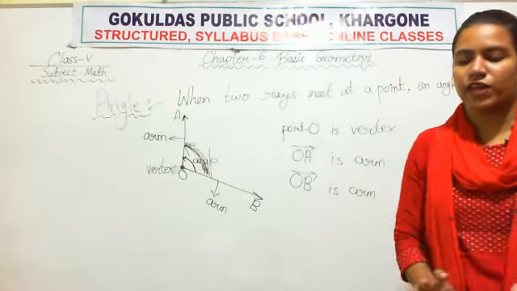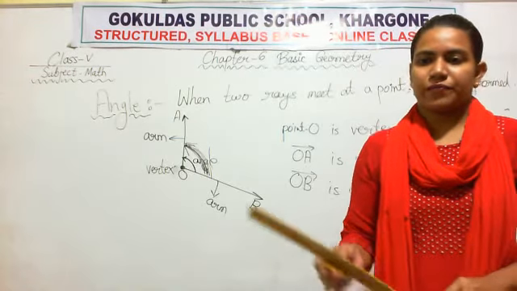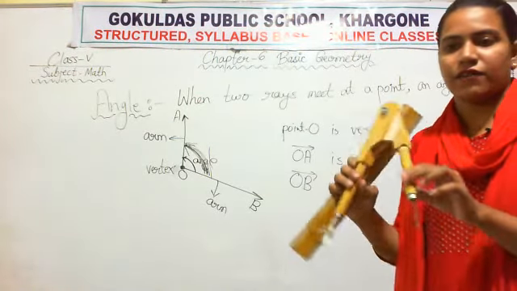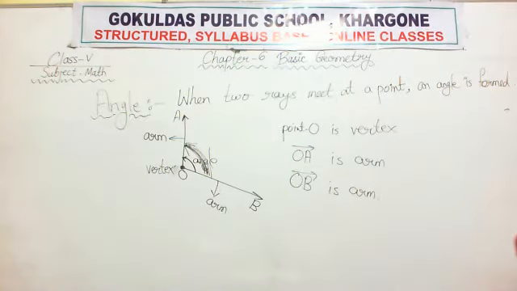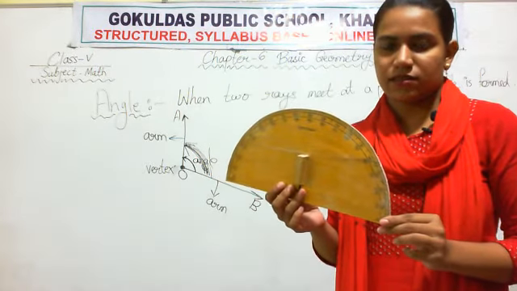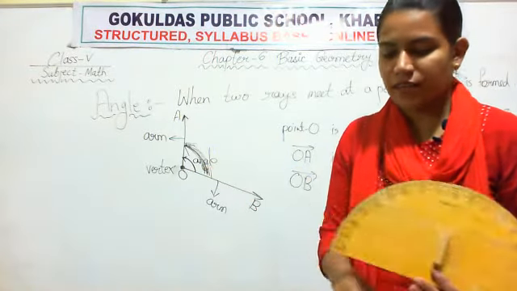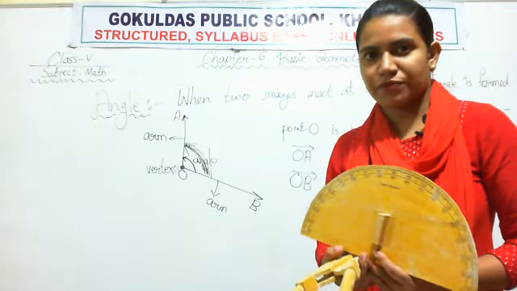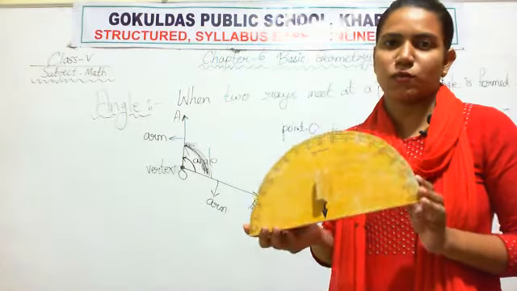In geometry we use some geometrical tools, okay, like ruler, divider and protractor. Your elder brother and sister, you have seen that your elder brother and sister have a geometry box with them. In their geometry box they have all these instruments, okay?